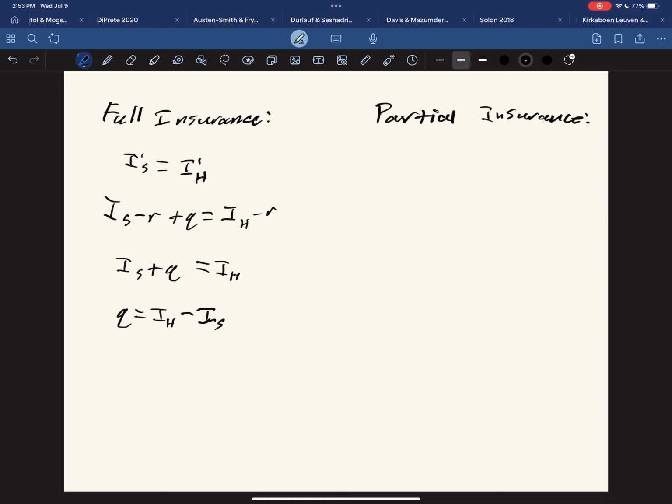Then we have partial insurance. Under partial insurance, we have that I prime S is less than I prime H. So that means that IS minus R plus Q, which is again equal to I prime S, is less than IH minus R. Again, the R's are going to cancel. So this means that IS plus Q is less than IH.